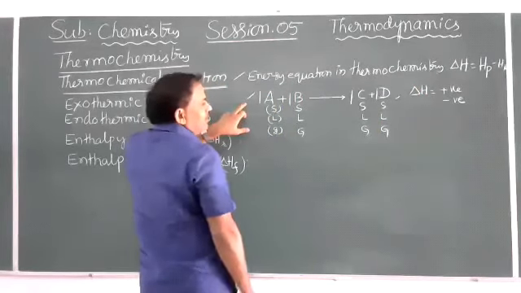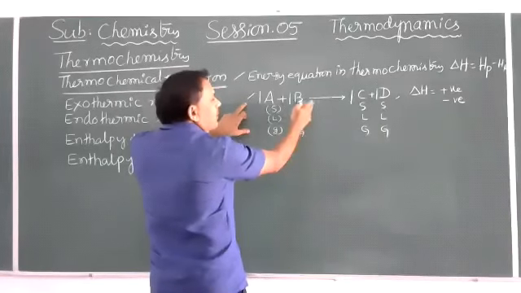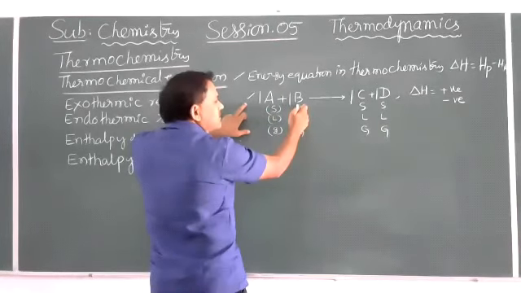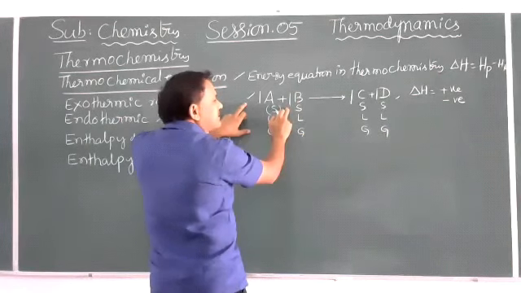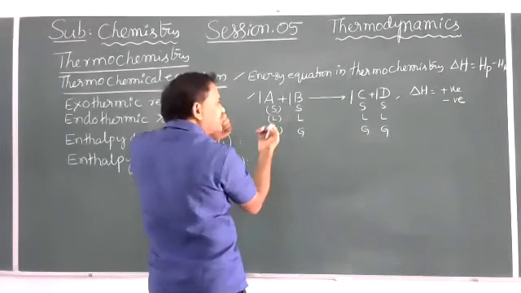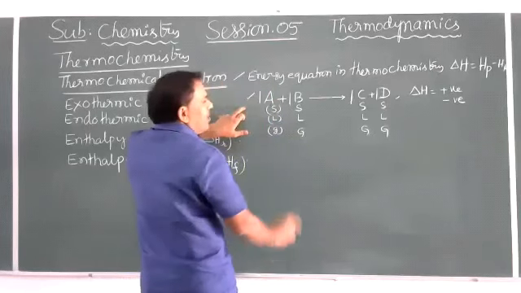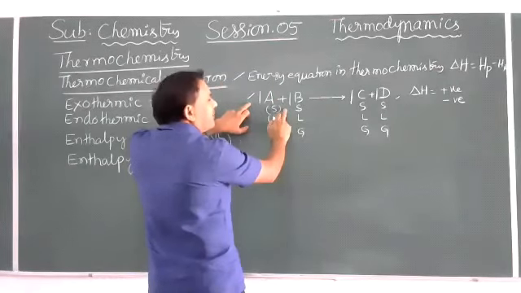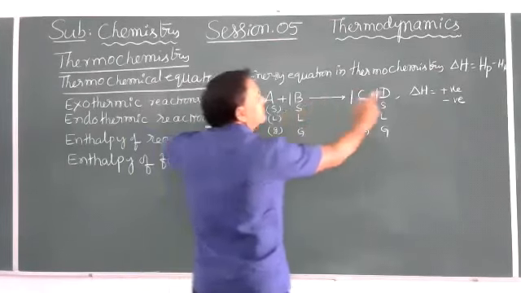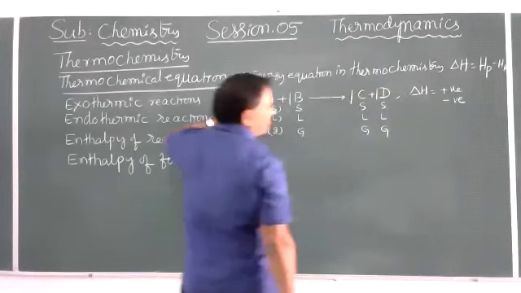If heat is absorbed by the system, delta H is positive. If heat is liberated from the system, it is a negative value.